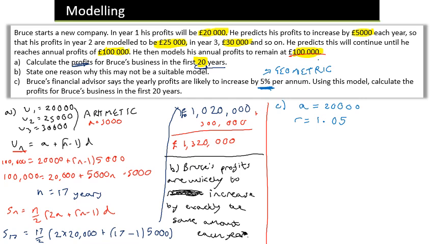So using this model, we would use our formula for the sum of a geometric sequence. S of n equals A times (r to the n minus 1), all over r minus 1. So in this case, we are trying to find the first 20 years still.